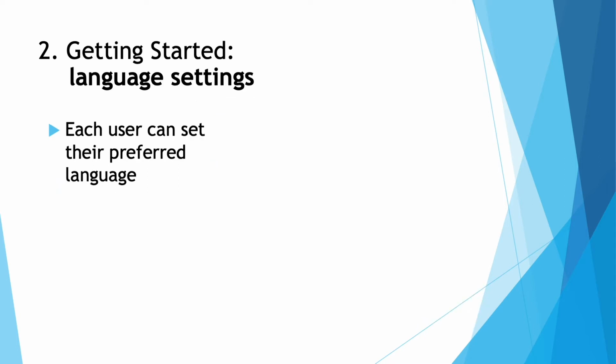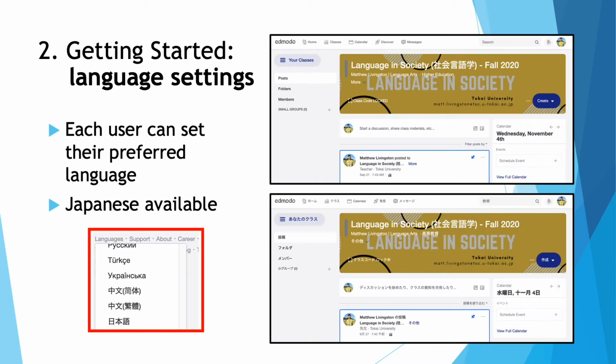One important feature when getting started with Edmodo is to set your preferred language. This can be set by each user. So in my case, I have my language settings to English. So you can see in the top picture, all of the menus appear in English, the dates appear in English.